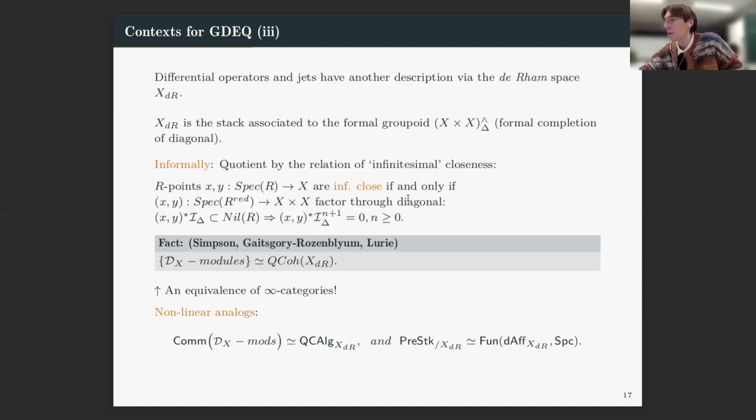And so one of the things we like to exploit is a nonlinear avatar of this, which is commutative monoid objects in the D modules and commutative monoid objects in quasi-coherent sheaves on the de Rham space. So this is left. There's also a right version, but it's not important for us today. Another terminology for these is crystals of sheaves on X. It means sheaves over the de Rham space.